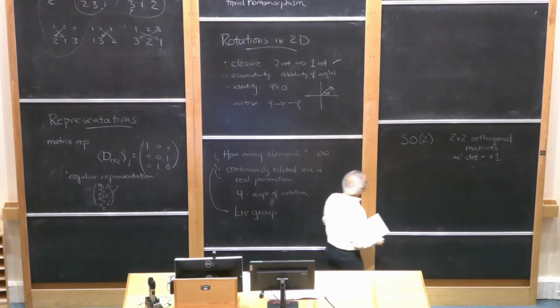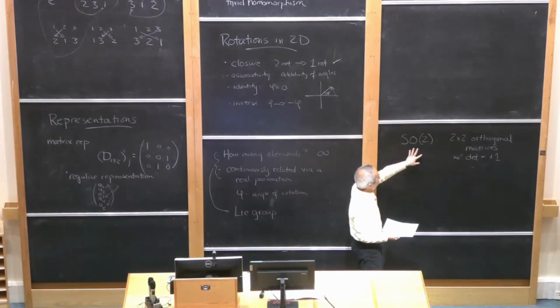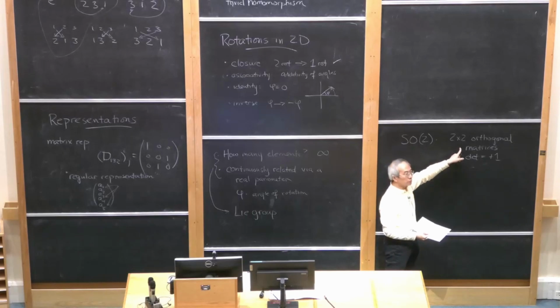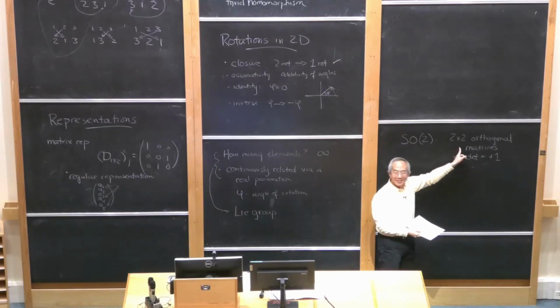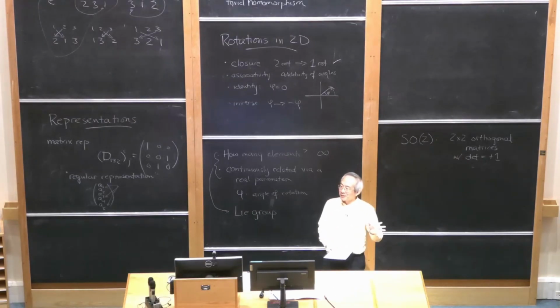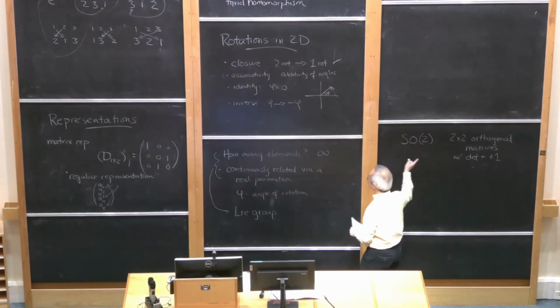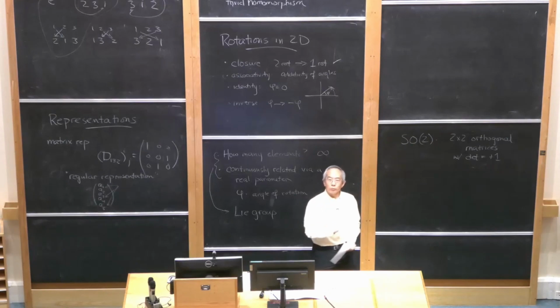In the literature, you'll see SO2 being used for both the group of orthogonal transformations with determinant +1, or the group of orthogonal matrices. Okay, you'll see both usages. Now, the nice thing is that there is an isomorphism between those two concepts, so you can get away with this.